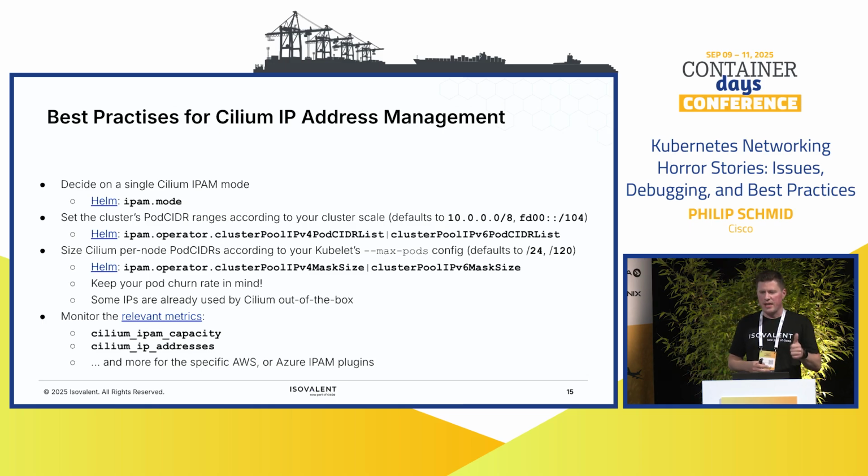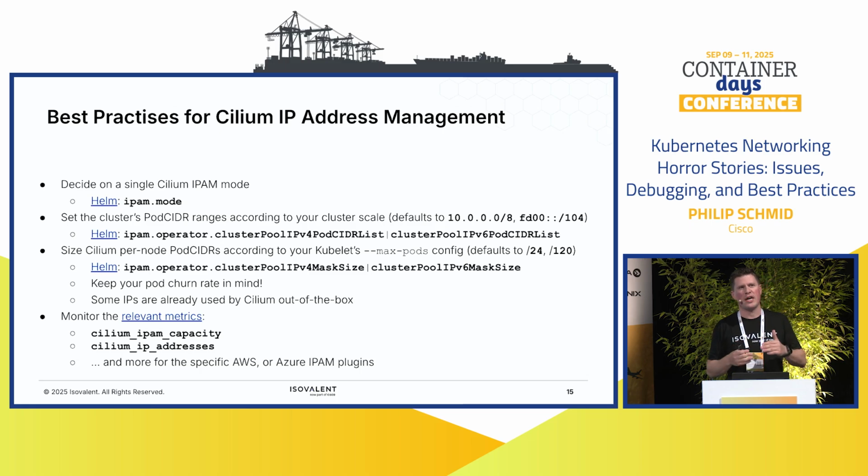And second, we also saw that by default it sets the CIDR size to a /24, which might be way too big for your actual cluster. So first of all, make sure you align this with your kubelet's max pod configuration, because this one is by default set to 110, at least with upstream Kubernetes.